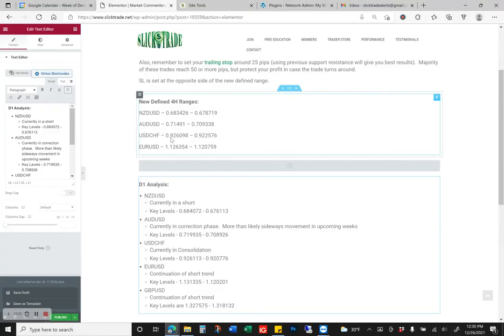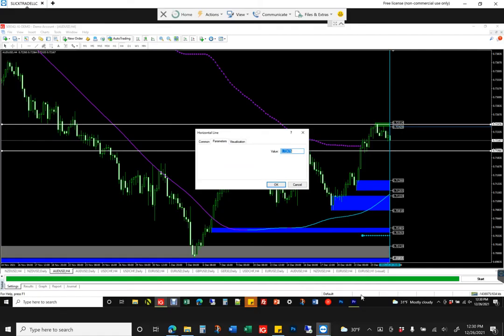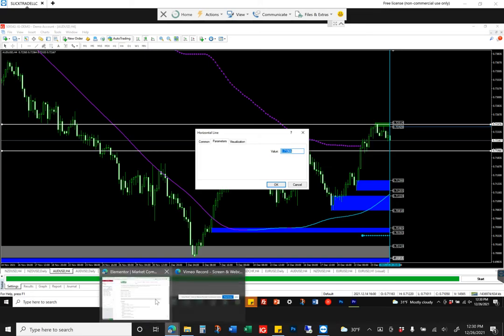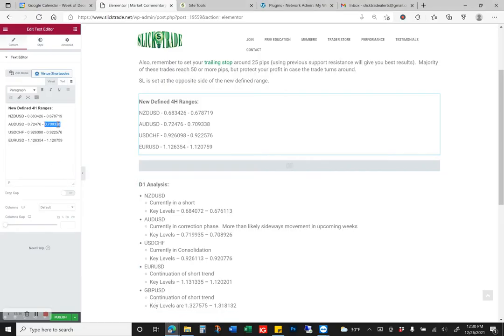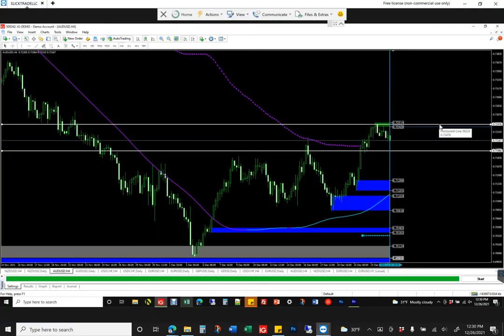Here's our upper level. Here's our lower. And there we have it.